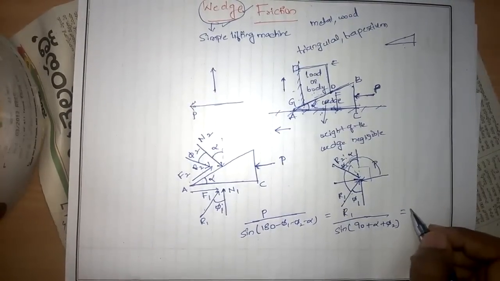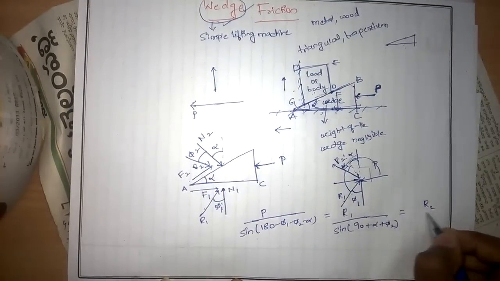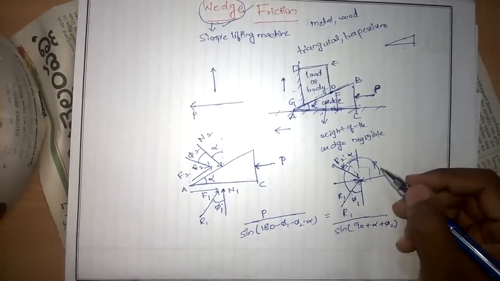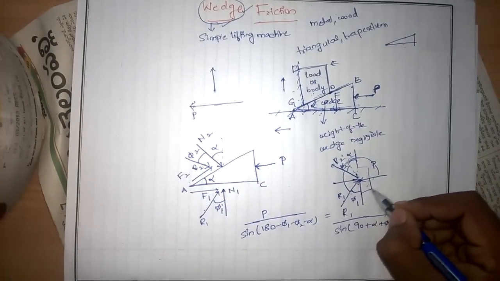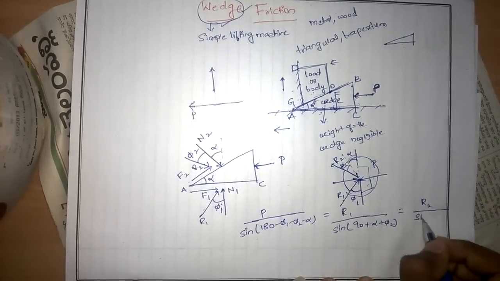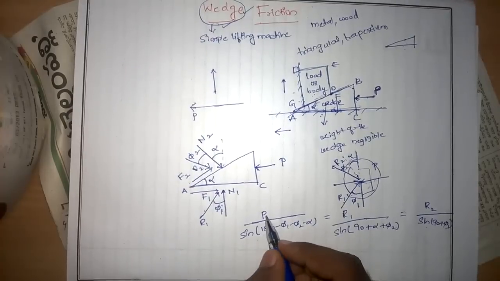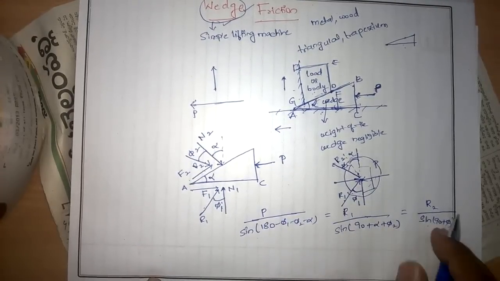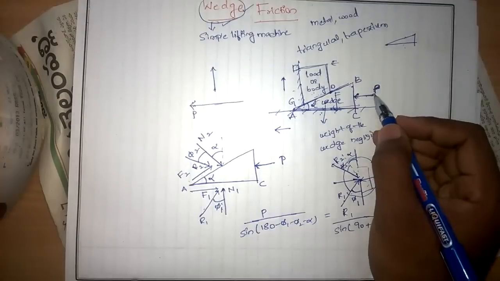And the next one is the reaction R2. R2 by sine of the angle between the other two forces. This is 90 degrees, so the total is 90 plus phi 1, sine of 90 plus phi 1. We can find this force P whenever we equate these. This is the way to find the applied force P.